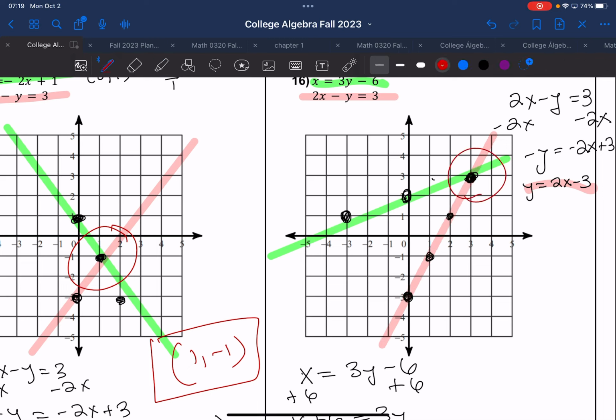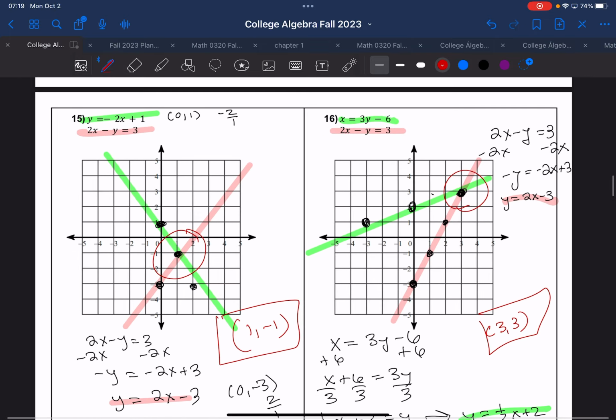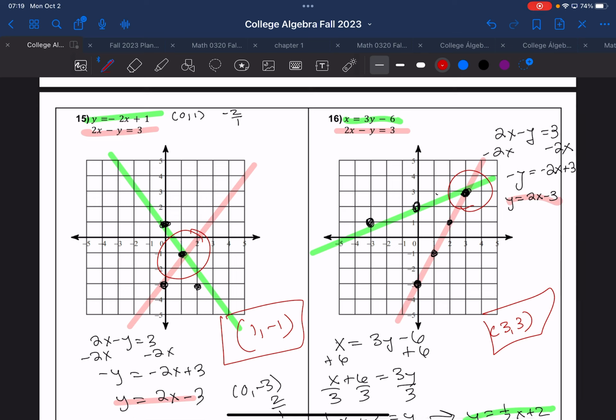So that means my answer is what? Yep, 3, 3, 1 solution. So the only difference between these problems and the problems we did in the beginning is we have to change from standard form to y-intercept form.